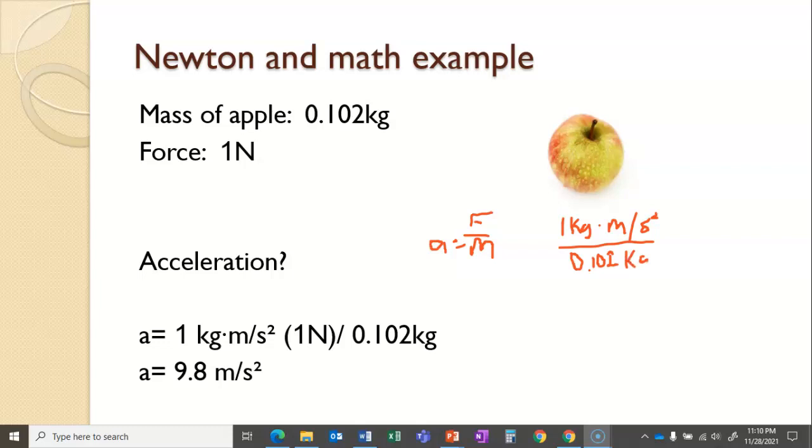If you grab your handy dandy little calculator and do 1 divided by 0.102, you will get 9.8. The reason it's meters per second squared is that mathematically, the kilogram and kilogram cancel each other out, and we're left with meters per second squared. So our answer is an acceleration of 9.8 meters per second squared.